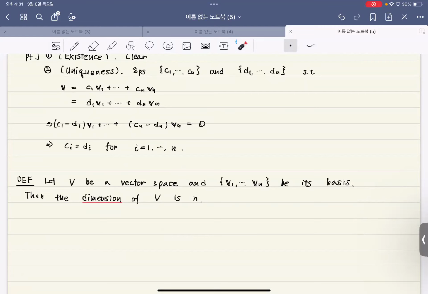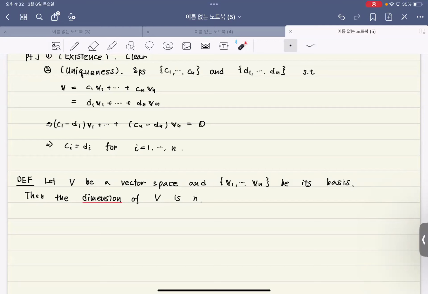Now, once you give a definition in mathematics, you also have to make sure that this definition is well defined. So what do I mean by well defined? Well, I told you the choice of basis vectors is not unique.